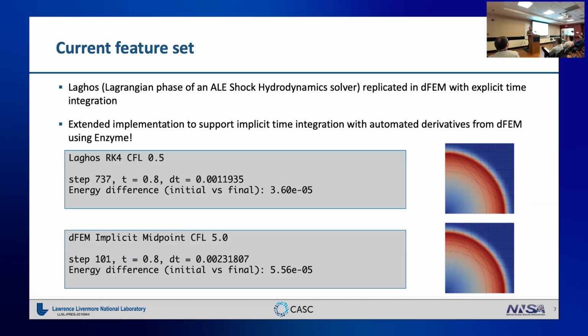Because this includes material models, right? They are not trivial. Well, this is ideal gas, maybe fine. But real applications are not ideal gas. They might be 1,000 lines of Fortran, so good luck. And other things like artificial viscosity, those are differentiated through Enzyme.